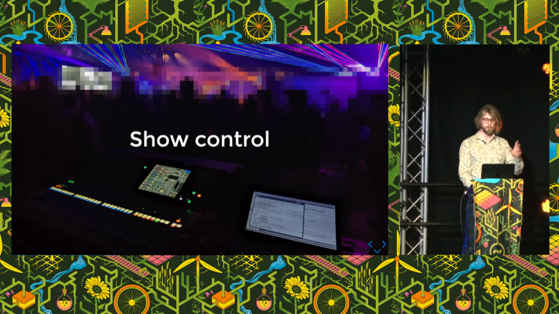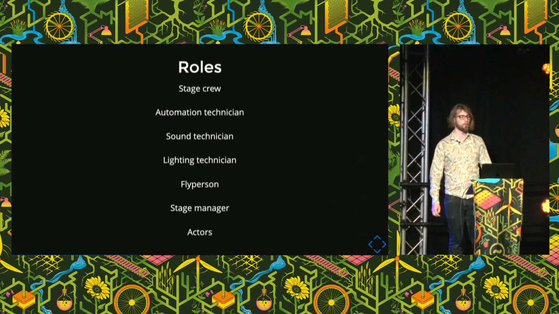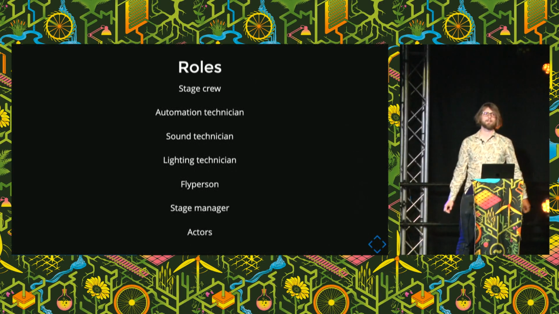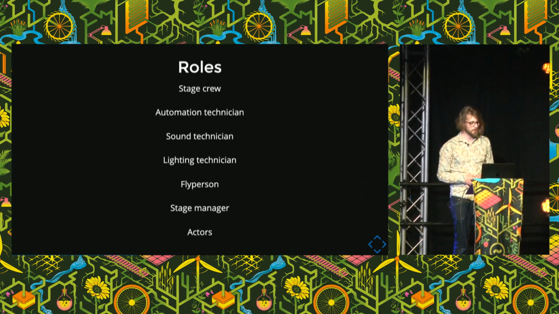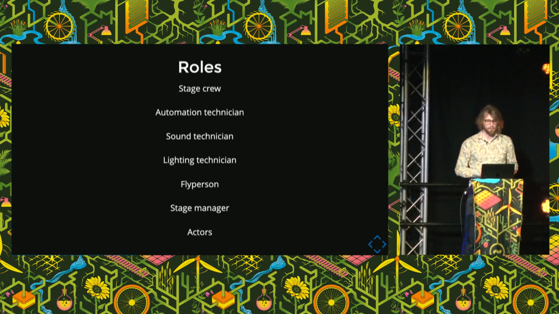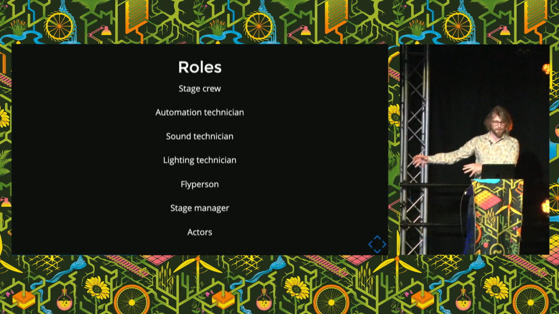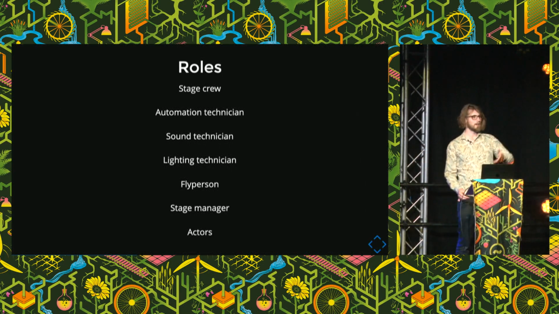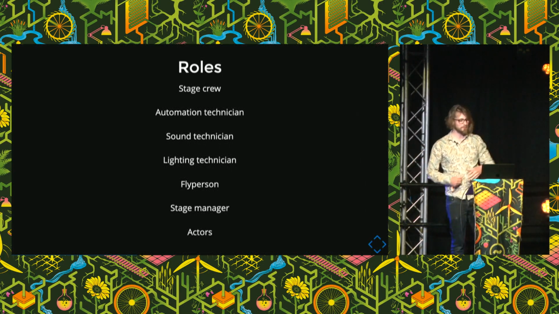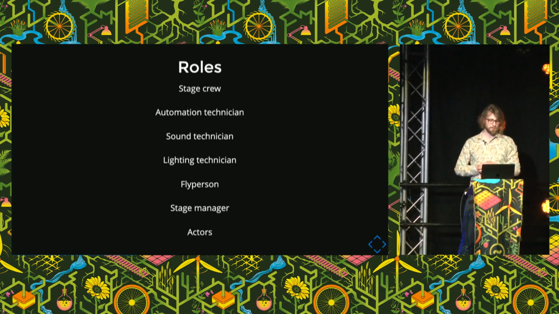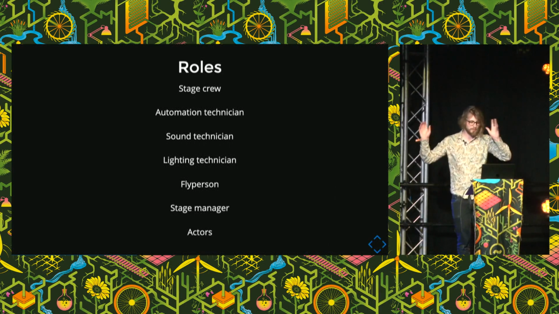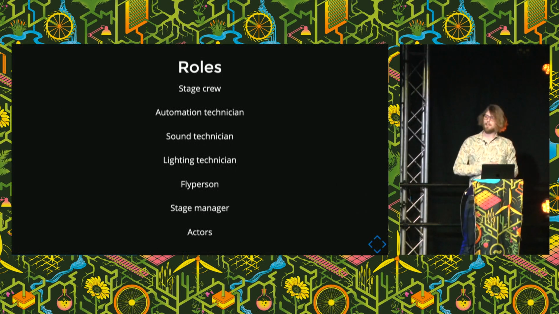Okay. So you've got a lot of people actually to coordinate. These are just some people who will all be involved in a theatre performance. You've got people moving stuff on stage, you've got people behind the stage pulling ropes about, you've got people sat at lighting desks, sound desks, making the light and the sound work, and maybe some pyro people, can get very crazy.